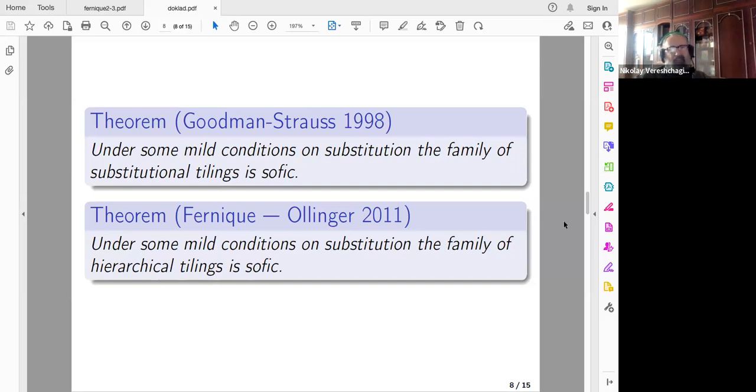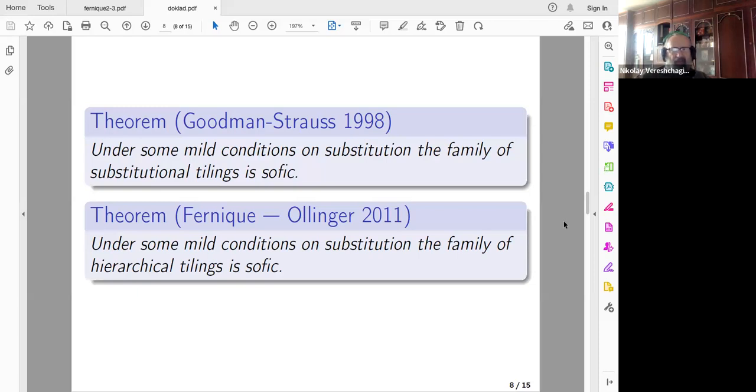Then I can prove something. Actually, the choice is the following. I can prove something, or I can also state the Fernique and Ollinger theorem in an explicit way, defining those mild conditions. I think that it's better to prove something, because for Fernique and Ollinger, the conditions are also not very natural.